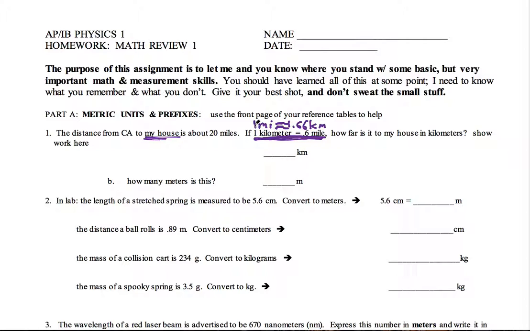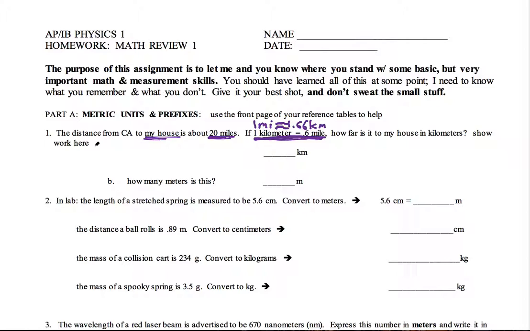And this is telling us that every 1 mile has about 1.66 kilometers in it, right? So I need more kilometers to make up 1 mile. A kilometer is a little bit shorter than a mile, so I need more of them to make up 1 mile. So for our problem, we know that our original measurement is 20 miles, and for every 1 of my 20 miles, I'm going to need to stick 1.66 kilometers inside of it to do the conversion.